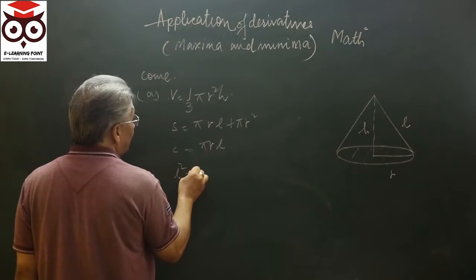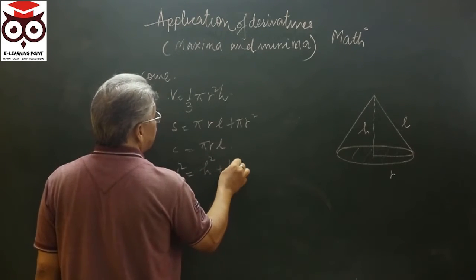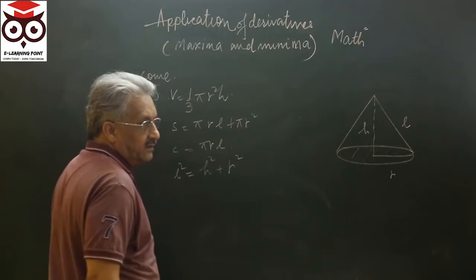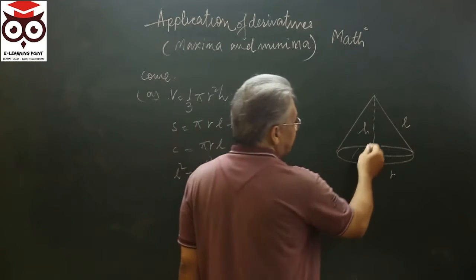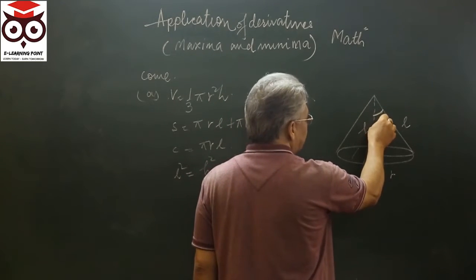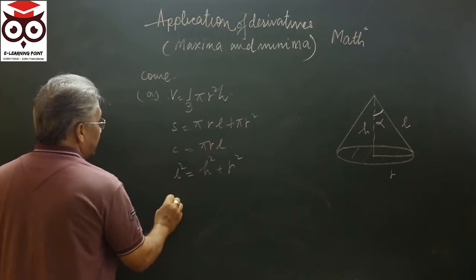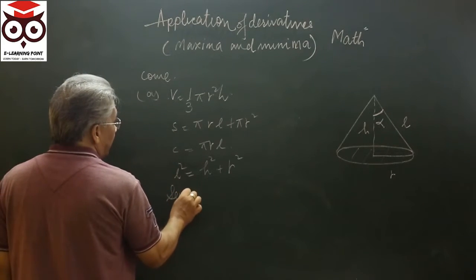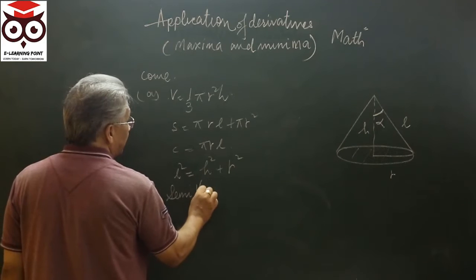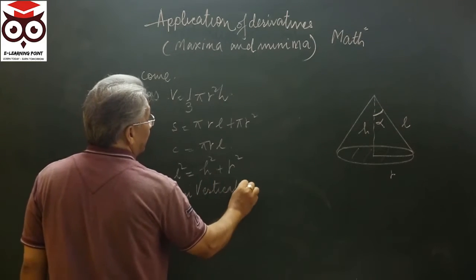It is also important. This is l square equals r square plus h square. Right? There is another thing that is most probably given here. This is called angle. This is called semi-vertical angle.